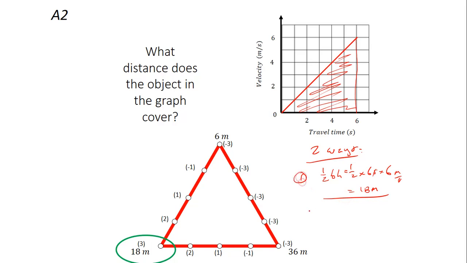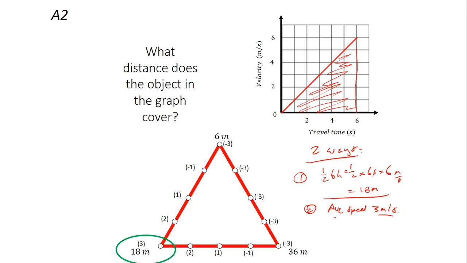That's way number one. The second way is a bit of a tricky way, is for something that's accelerating, you can just look at its average speed, which you worked out in the first question. The average speed, even though it goes from 0 to 6, the average speed is 3 meters a second.